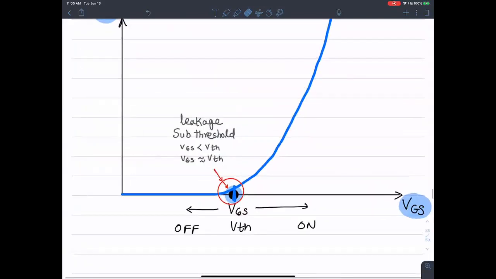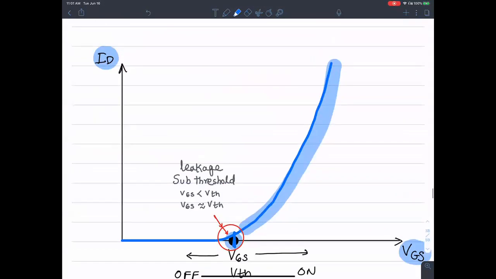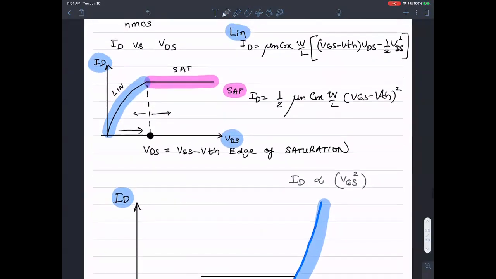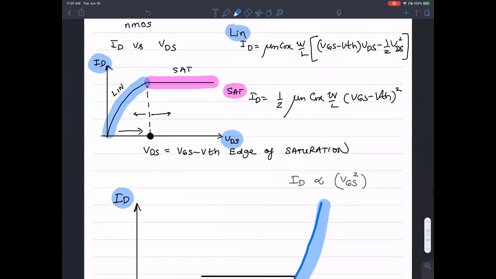This curve here represents the quadratic relationship. ID is proportional to VGS squared. Remember, in both of the equations above, go back to the equations, there is a squared dependence, and then there is a (VGS minus VTH) into VDS, the whole square.